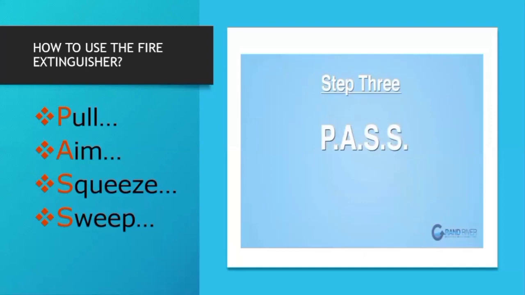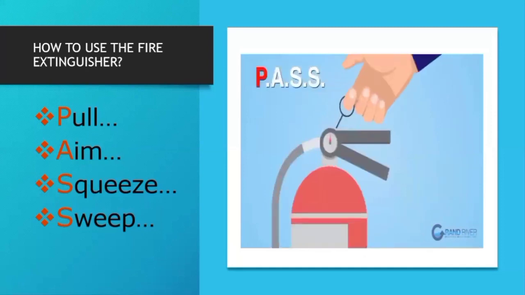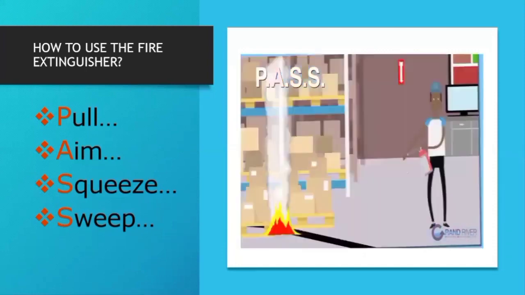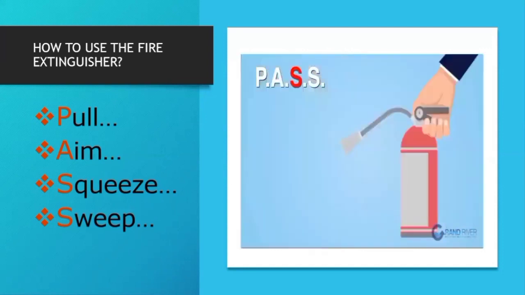Here now is the PASS system. So what are you going to do? You have to pull the pin, but before pulling the pin you have to remove the seal first. Next, hold the nozzle pointing at the base of the fire.